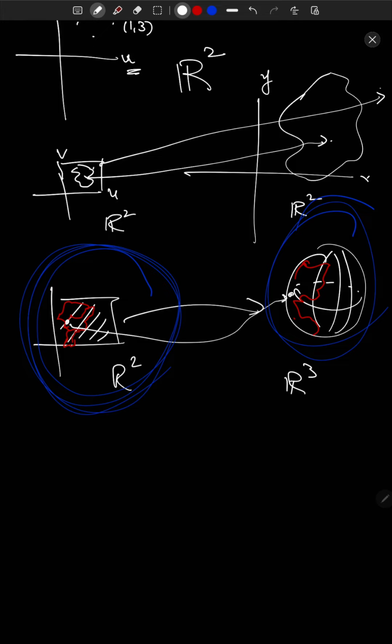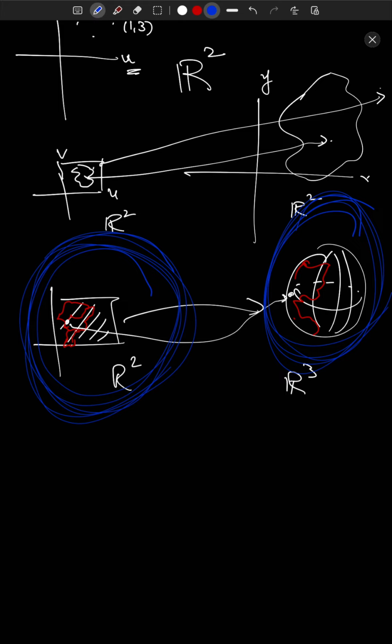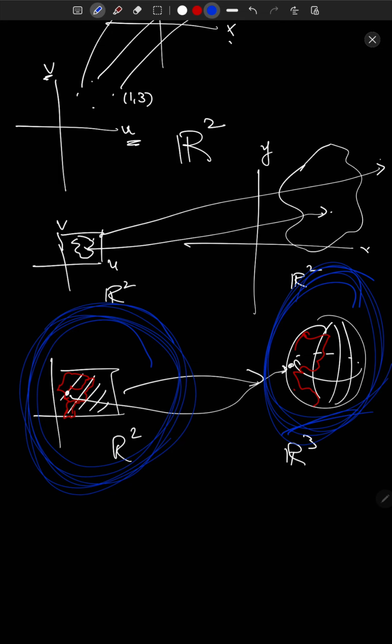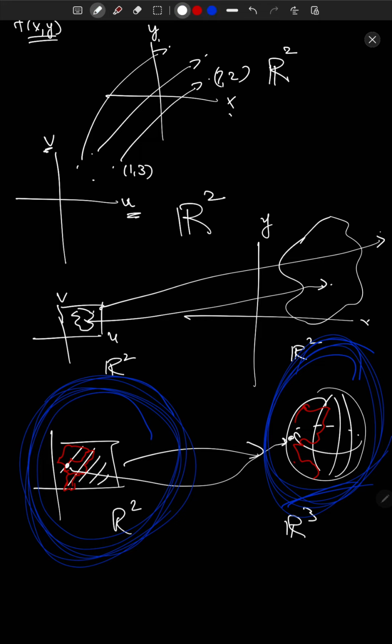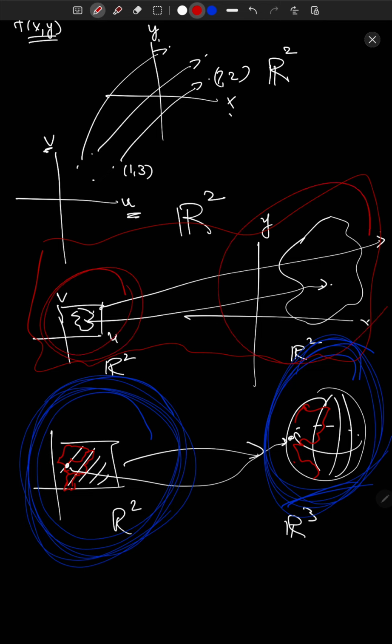So essentially, what we're going to be doing in the near future is all the problems on the sphere that we need to solve, or all the problems regarding the globe in real life, we're going to convert it to a problem on just a regular R2, where again we can do very simple or comparatively simple math compared to if we had to work natively on the globe. All right, but that's for the future. Today is just going to be R2 to R2, but the idea is still the same. You can think of it as a paper map versus the real world in terms of the spirit behind what's going on.